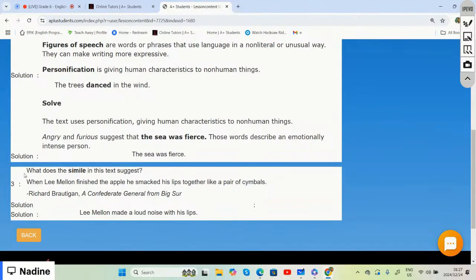Okay, what's a simile? It says, what does a simile in the text mean? When Lee Mellon finished the apple, he smashed his lips together like a pair of cymbals.